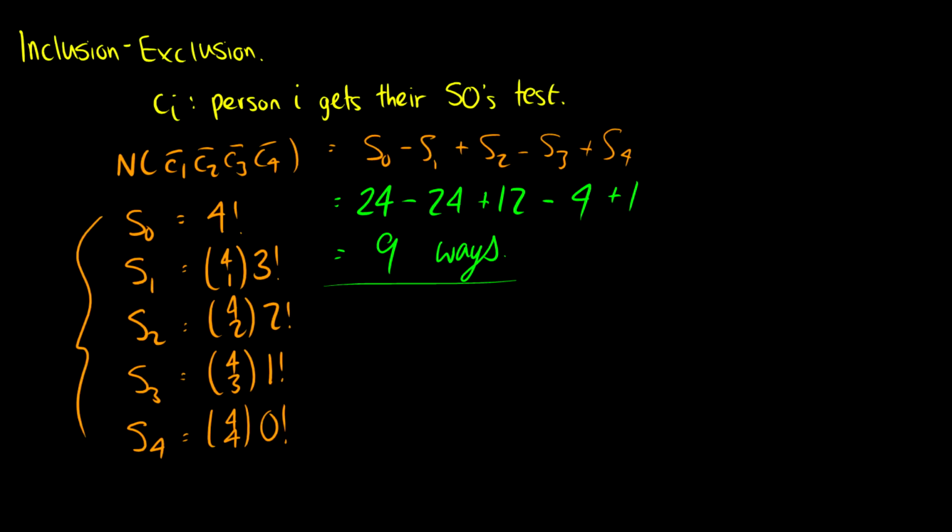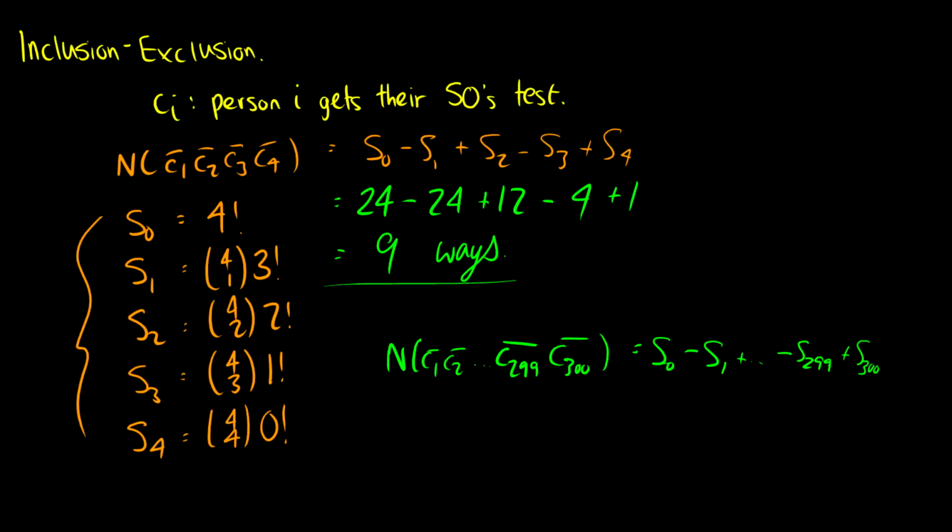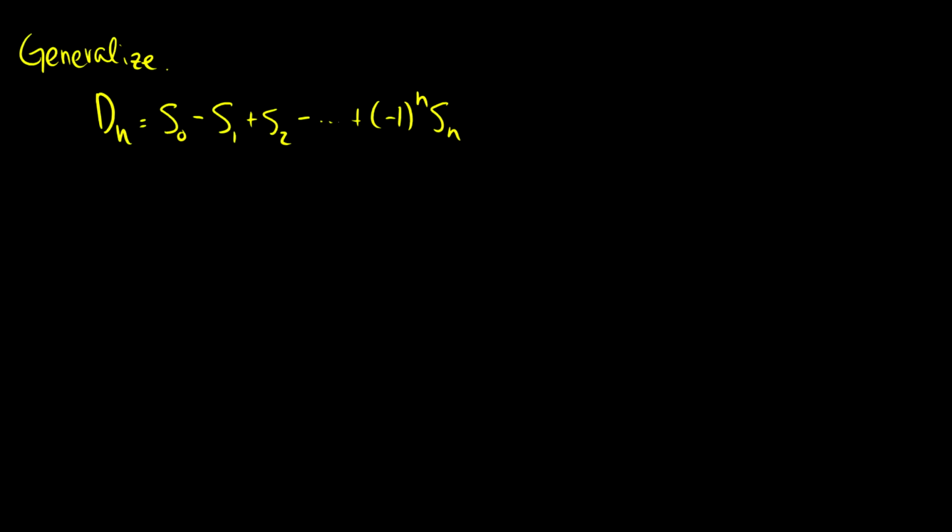But if I said find the number of ways in a large classroom of 300 students to do this, it gets pretty crazy, because you'd have to have n of C1 bar, C2 bar, all the way up to C299 bar, C300 bar, and then that gets to S0 minus S1, all the way up to minus S299 plus S300, and that just gets ridiculous. So what we need is something better.